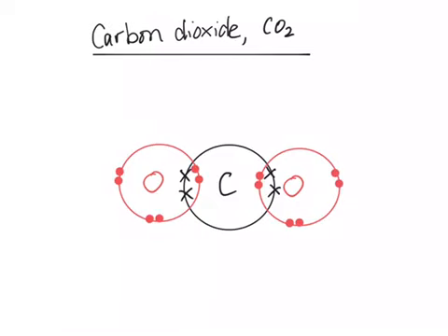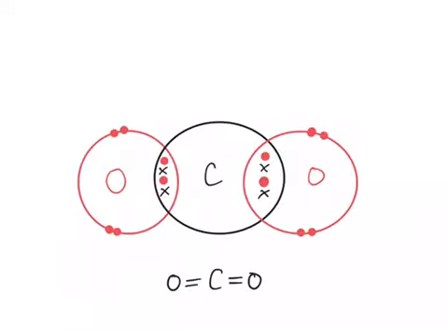The carbon now has a share of 8 electrons, and each oxygen has a share of 8 electrons. Carbon has shared 2 electrons with the right-hand oxygen, and it's gained back 2 electrons from the right-hand oxygen. Carbon has shared 2 electrons with the left-hand oxygen, and it's gained back 2 electrons from the left-hand oxygen.